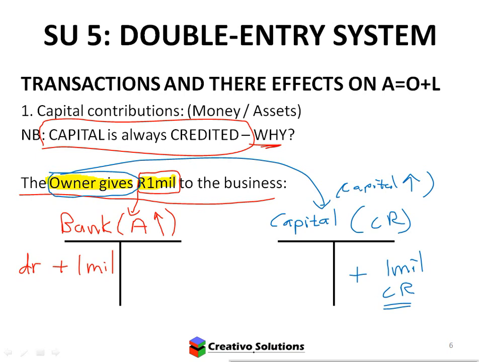If you want to do all the steps, you don't have to for capital, because you don't have different types of capital. Capital is just capital. But you can if you want to. You can say, in this instance, did the owner contribute something? Yes. Did I have a capital contribution before they contributed? No, I didn't. Do I have capital contribution after they contributed? Yes, I do. So it's gone up.